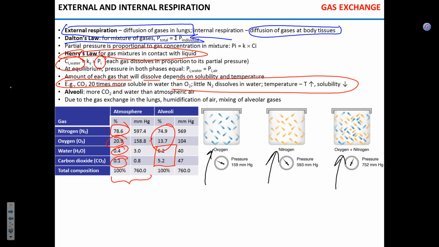Does that make sense? Now, since concentration of CO2 and water in the lungs, in the alveoli goes up, it cannot go over 100%. So concentration of nitrogen and oxygen has got to go down. Does that make sense? Yes.